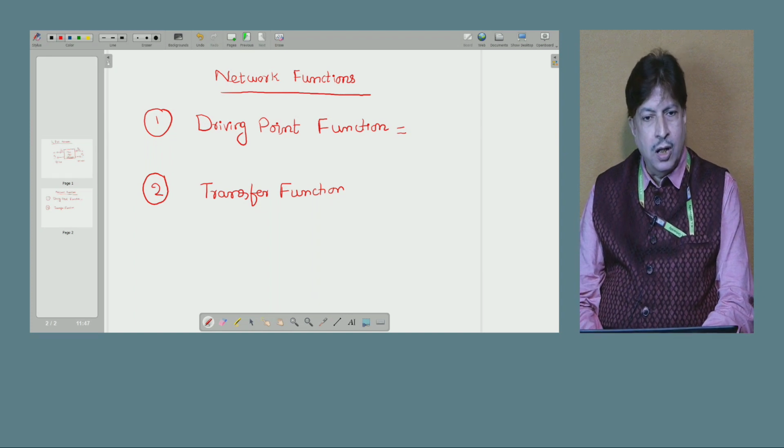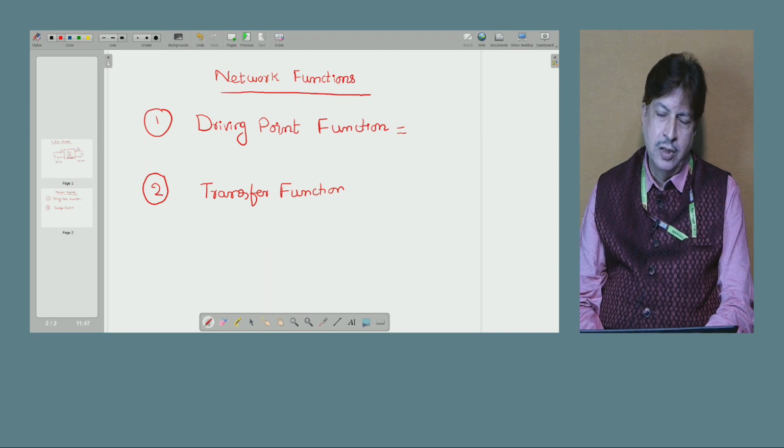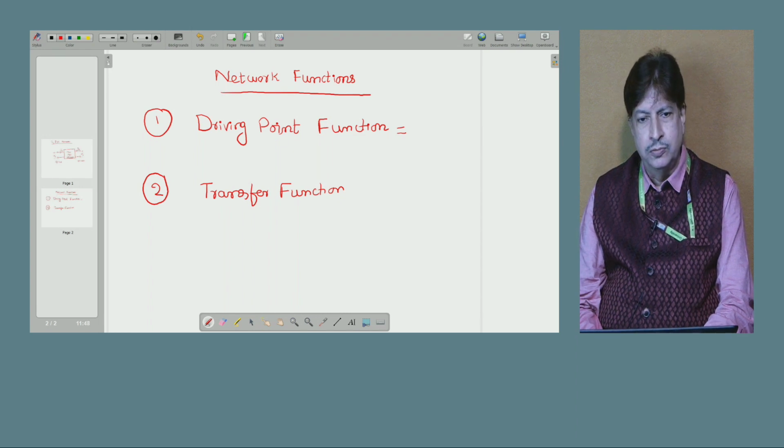Whereas transfer function means numerator variable belongs to one port and denominator variable belongs to some other port. Suppose numerator variable belongs to input port. Obviously, if the denominator variable belongs to output port, then it is one of the transfer functions.